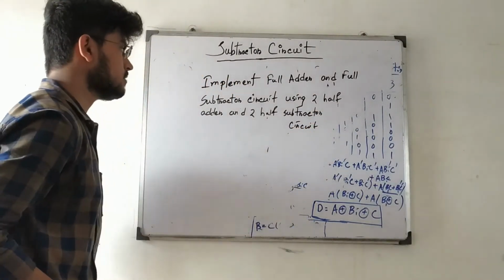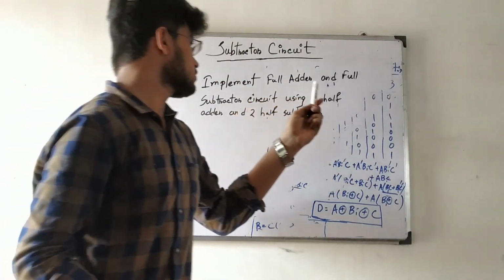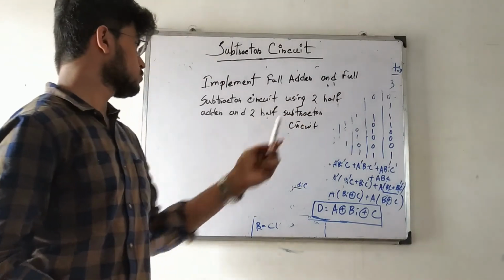So basically you have to implement the full adder circuit using 2 half adder circuits, and you have to implement the full subtractor circuit using 2 half subtractor circuits.